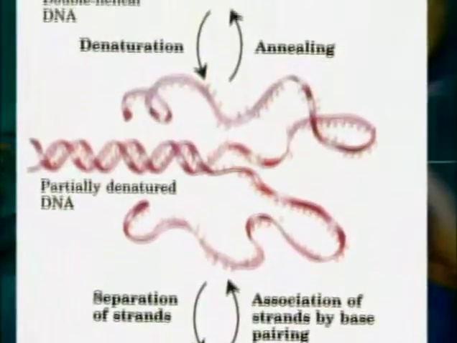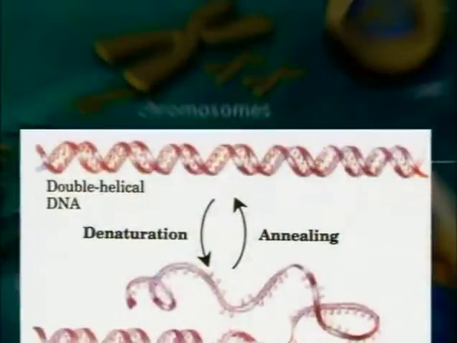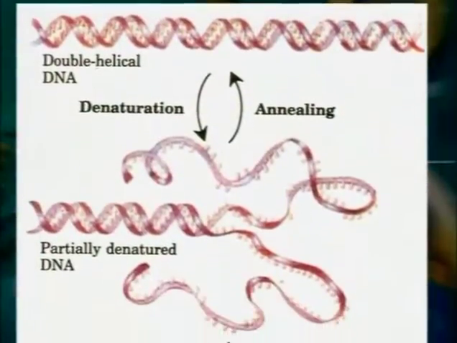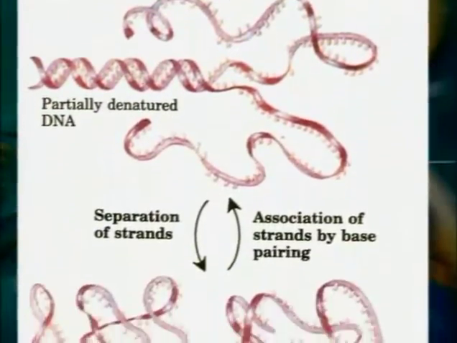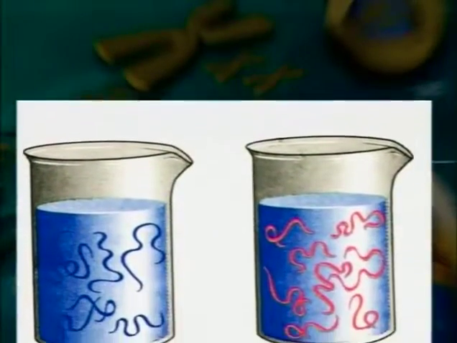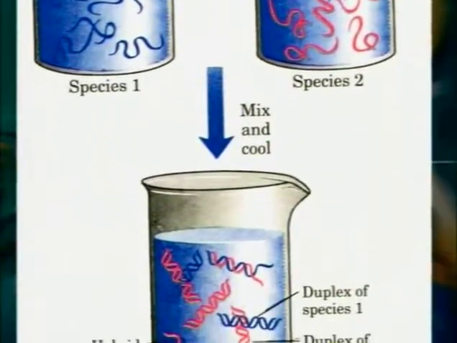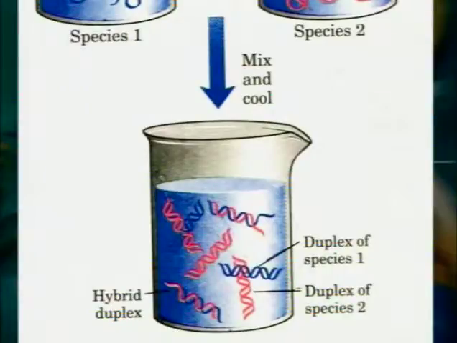Complete unwinding of the duplex and separation of the complementary single strands is called denaturation. Denaturation occurs only in vitro. Double-stranded DNA can be disrupted when solutions of DNA are heated above a certain temperature, or when sufficient concentrations of chaotropic agents like urea are added.